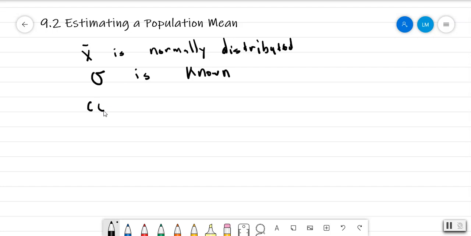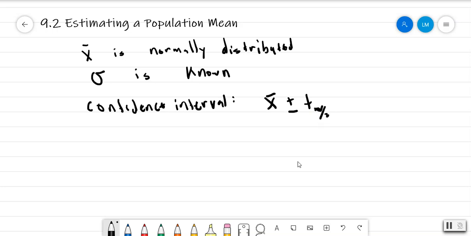Whenever we have a confidence interval, it's given by the formula x bar plus or minus t sub alpha divided by 2, multiplied by the standard deviation, and this is all divided by the square root of n.